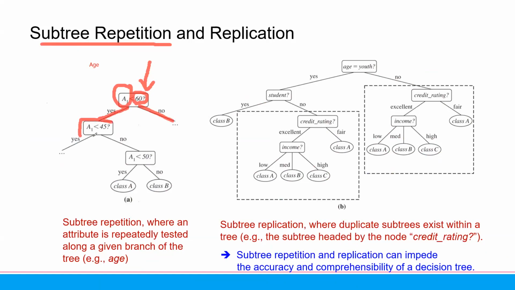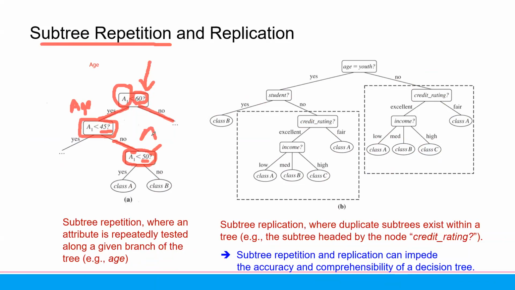And at the next stage, when we calculate, the next important attribute is again age. And the splitting point now becomes 45. And then again, when we check the next split, the most important attribute is age, and the splitting point now is 50.